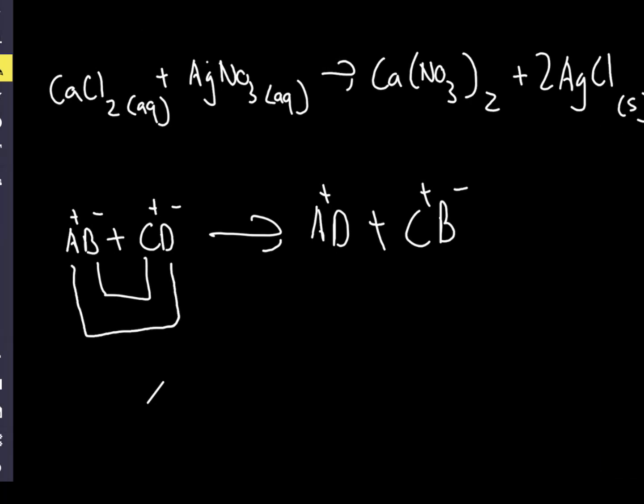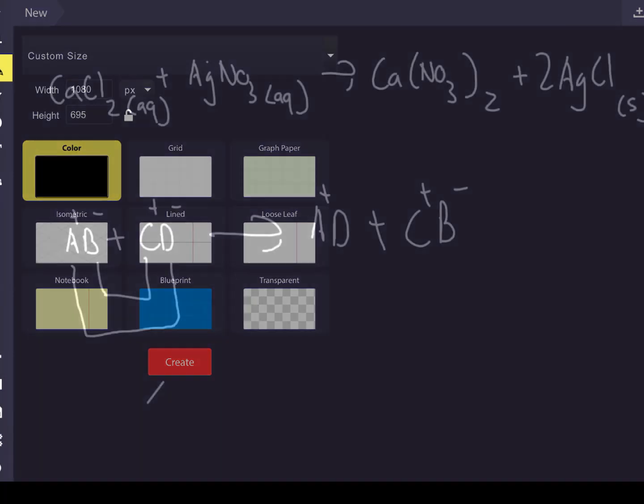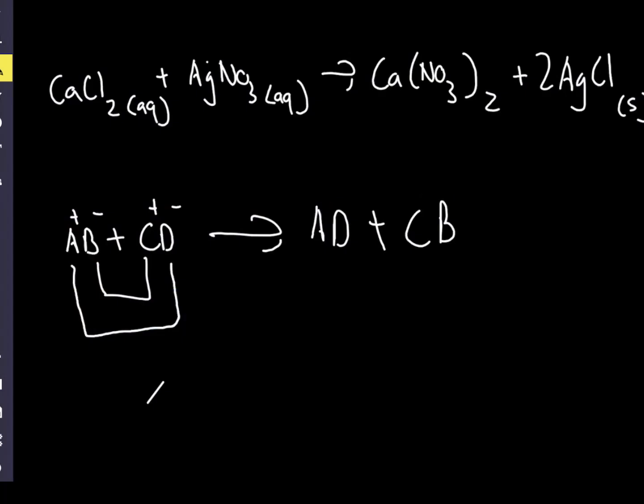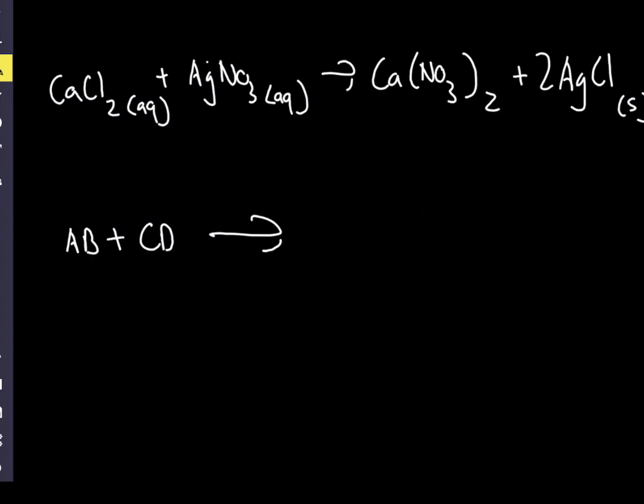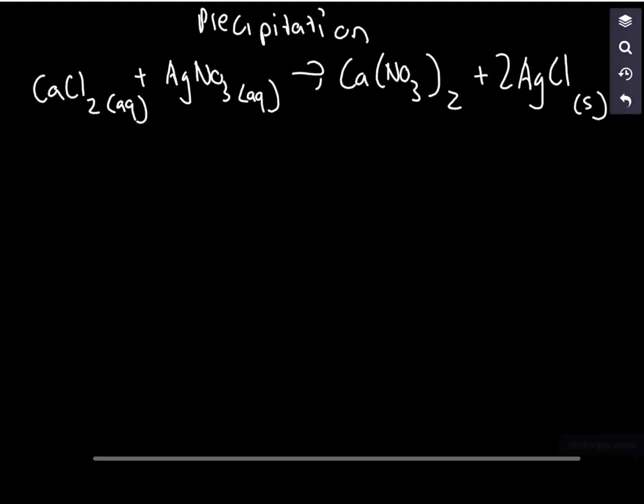So there are two types of double replacement reactions, and this is one example of a precipitation reaction. So let me just write that. Okay, precipitation, and I forgot to write this. This is aqueous. Remember those little symbols I was referring to?